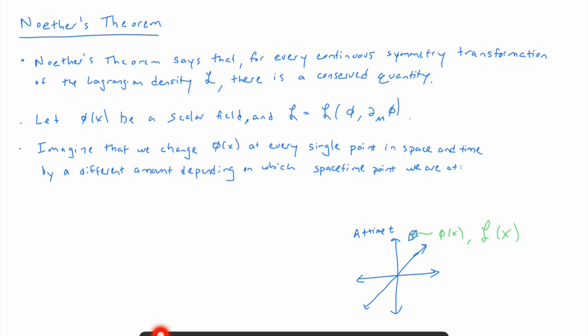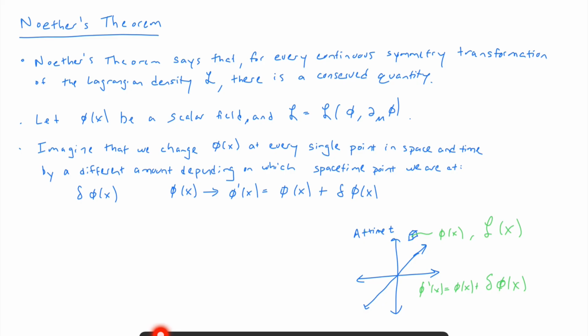Now, in order to understand Noether's theorem, imagine that we change phi of x at every single point in space and time. So we started with an initial field phi of x, and we suddenly apply a little deformation. We go to every single point in space at every given time, and we change this phi of x to something a little bit different. And that new function you might want to call phi prime of x.